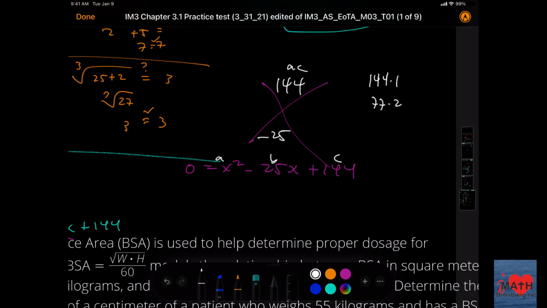How about 4? 4 goes into 14 3 times, and then 4 goes into 24 8 times. No, that doesn't work. Try that again. 4 goes into 14 3 times. Can I not multiply? I can't think, guys.